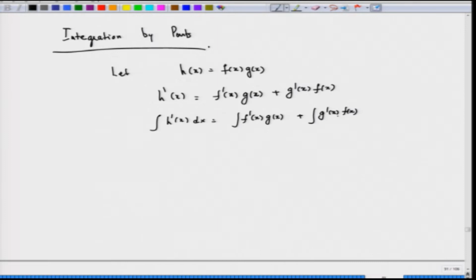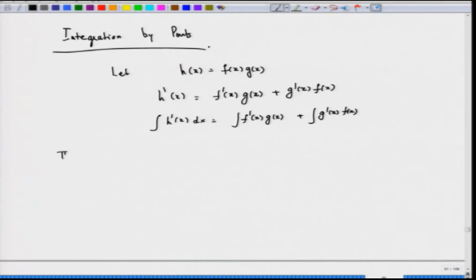Now, we know by the fundamental theorem of calculus how to compute the integral of h prime, if h is a nice function. So, the left hand side is known. So, if we can compute one of the right hand side terms, then the other one we can compute easily.